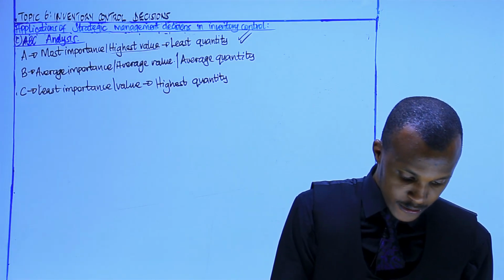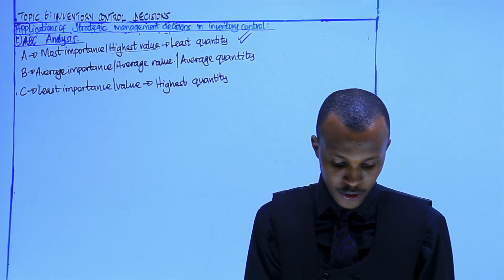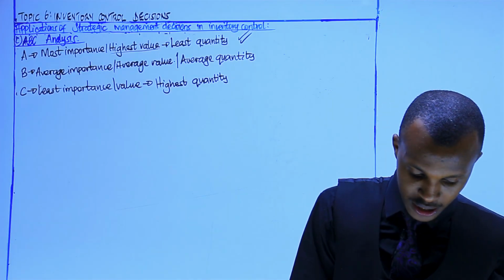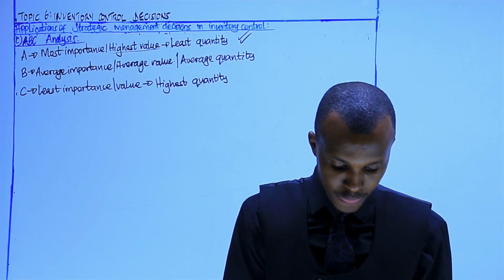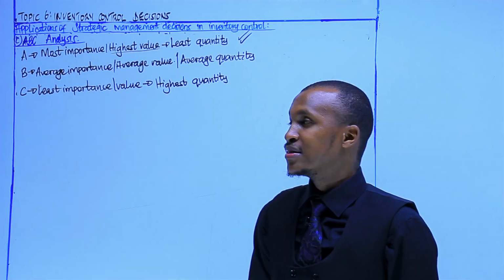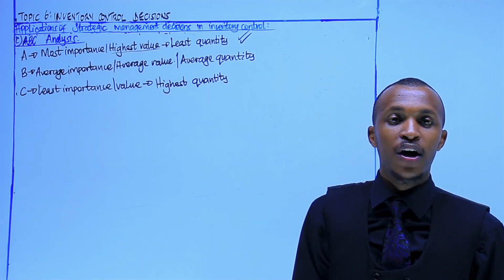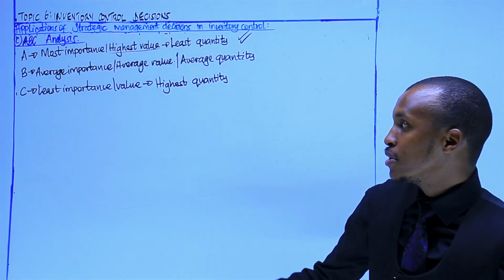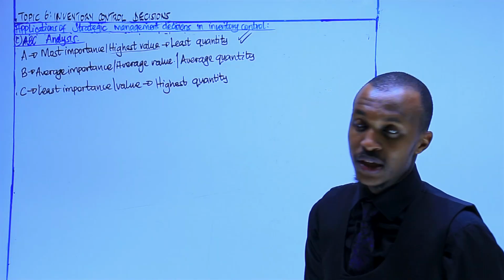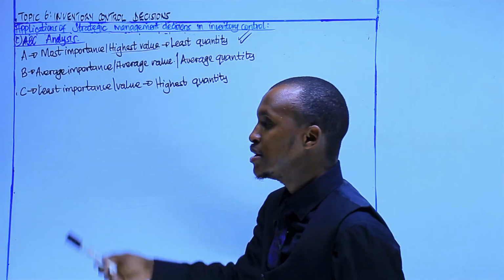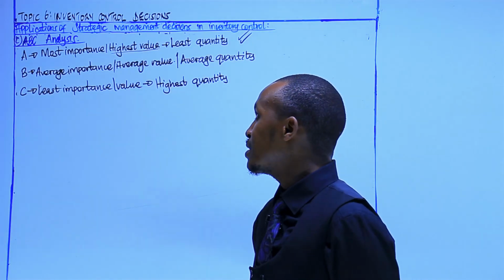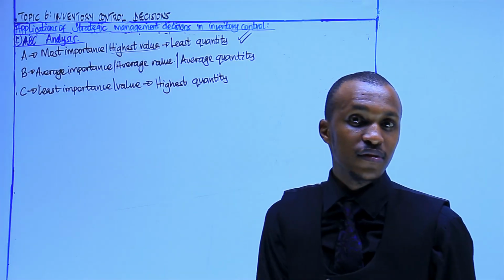The third disadvantage of ABC analysis is that this system is subjective in terms of how it is used. For example, someone may feel that A is more valuable compared to C, and another person will feel that C is more valuable compared to B. Analyzing stock based on value alone is not enough.